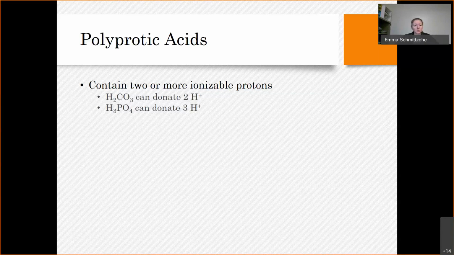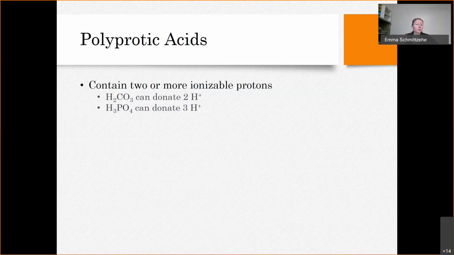Some good examples are carbonic acid and phosphoric acid. Carbonic acid, H2CO3, for each one that goes into solution, has the potential to give up 2 H+, okay? And phosphoric acid, H3PO4, could give up 3 H+.